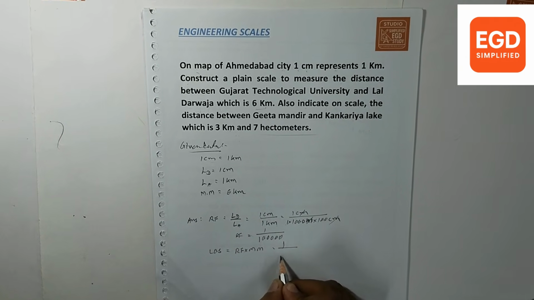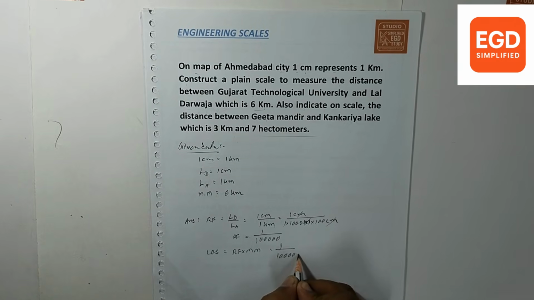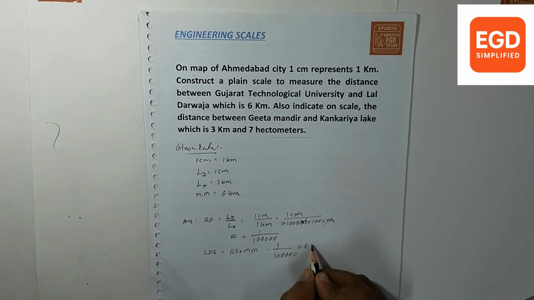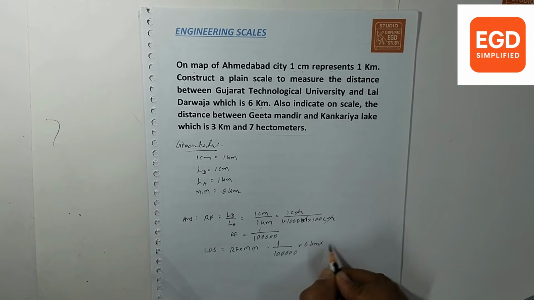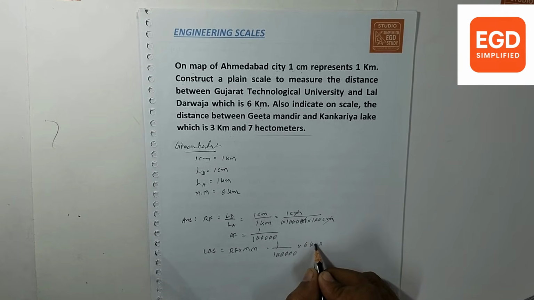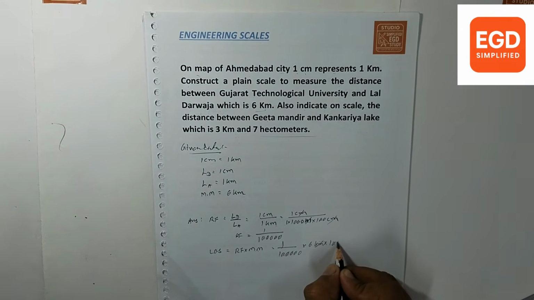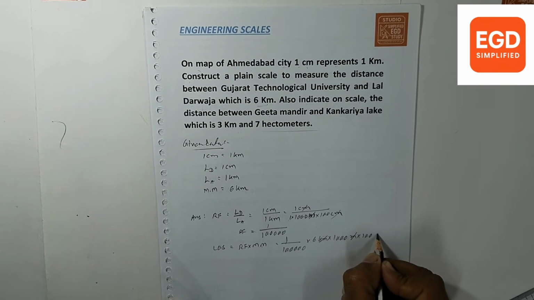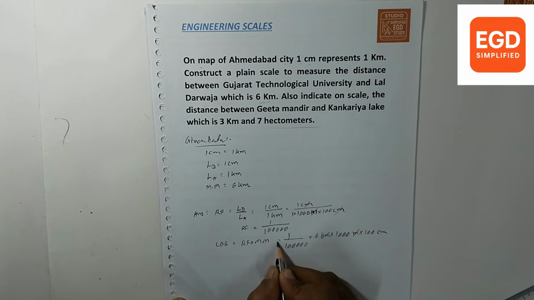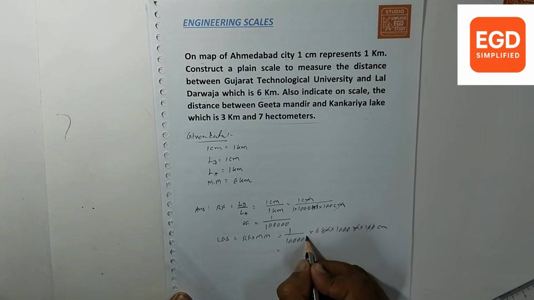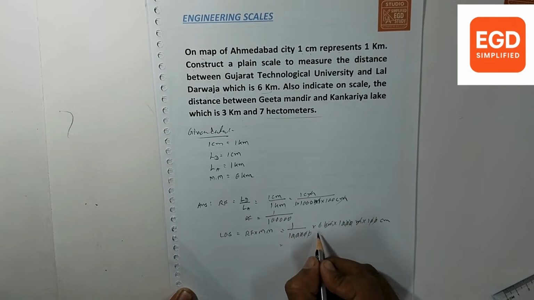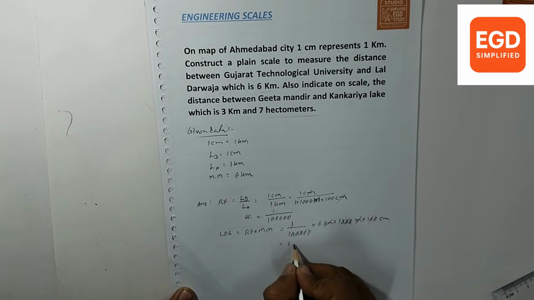So our RF is 1 upon 10 raised to 5 into maximum measurement, 6 kilometers. Again convert this kilometer into centimeter. 1 kilometer equals 1000 meters equals 100 centimeters, zeros cancel, so 6 centimeter.